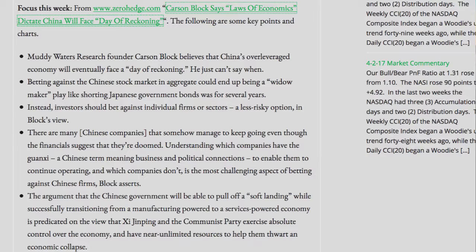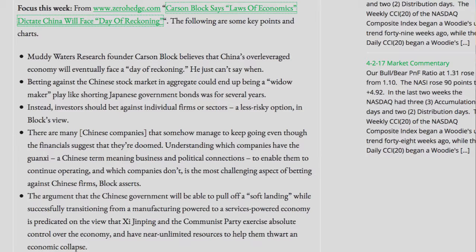Betting against the Chinese stock market in aggregate could end up being a widowmaker play, like shorting Japanese government bonds was for several years. Instead, investors should bet against individual firms or sectors, a less risky option in Block's view. There are many Chinese companies that somehow manage to keep going even though the financials suggest that they're doomed.